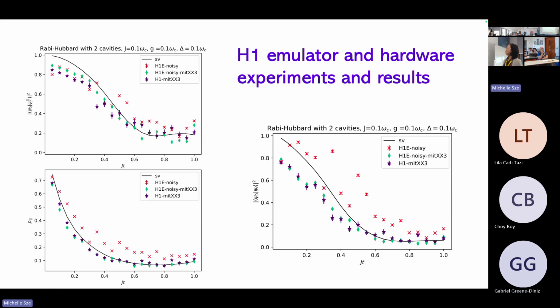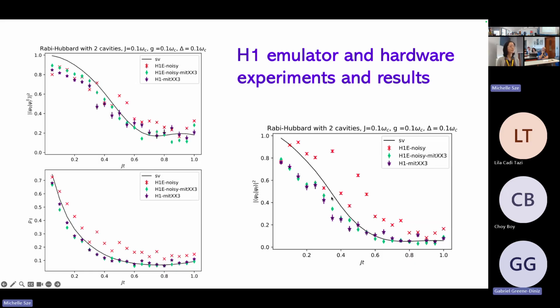So it's not bad, I would say. It's not wildly divergent from the state vector result, the ground truth result.